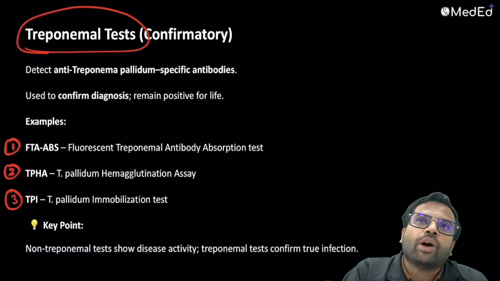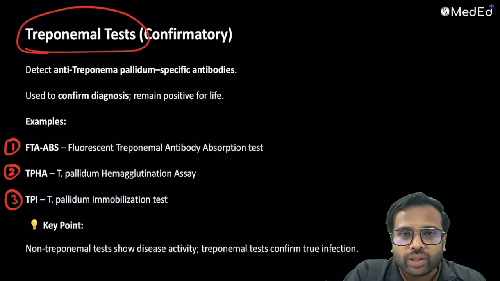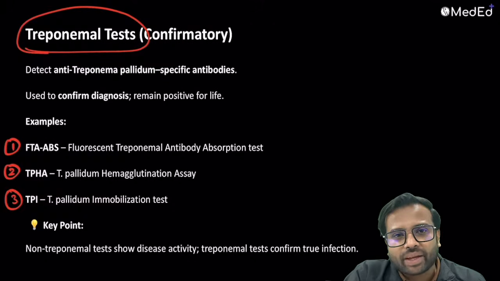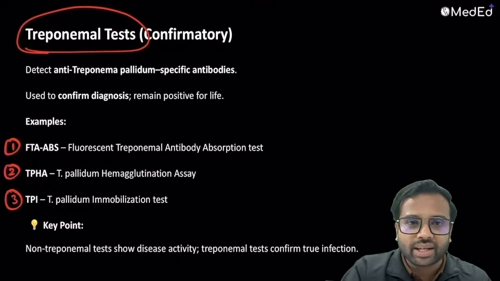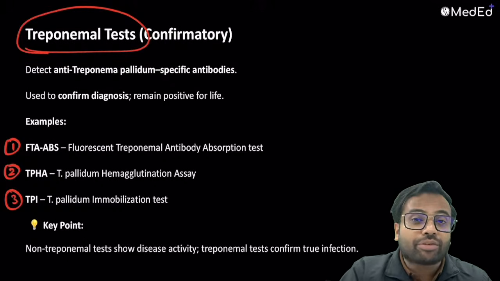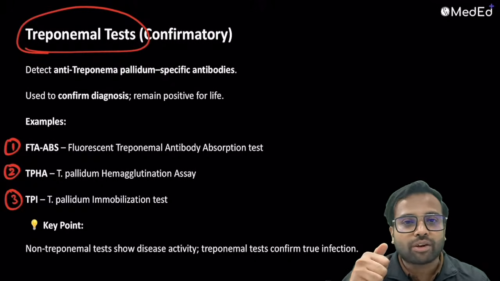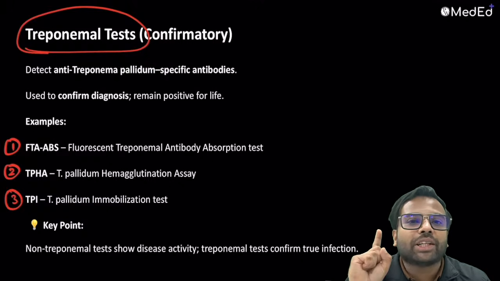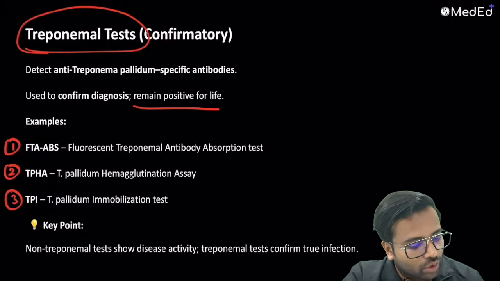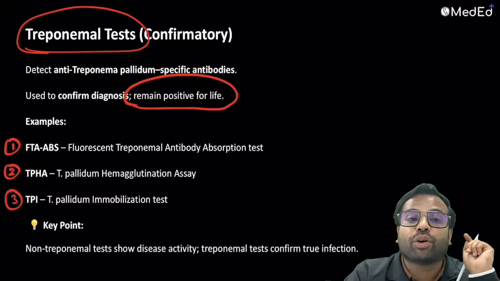Now here one important point that you should know is, the screening test can become positive when the patient is having an active disease, right? Whereas these confirmatory tests, like FTA-ABS and TPHA, once a patient is positive, this is going to remain positive for life.